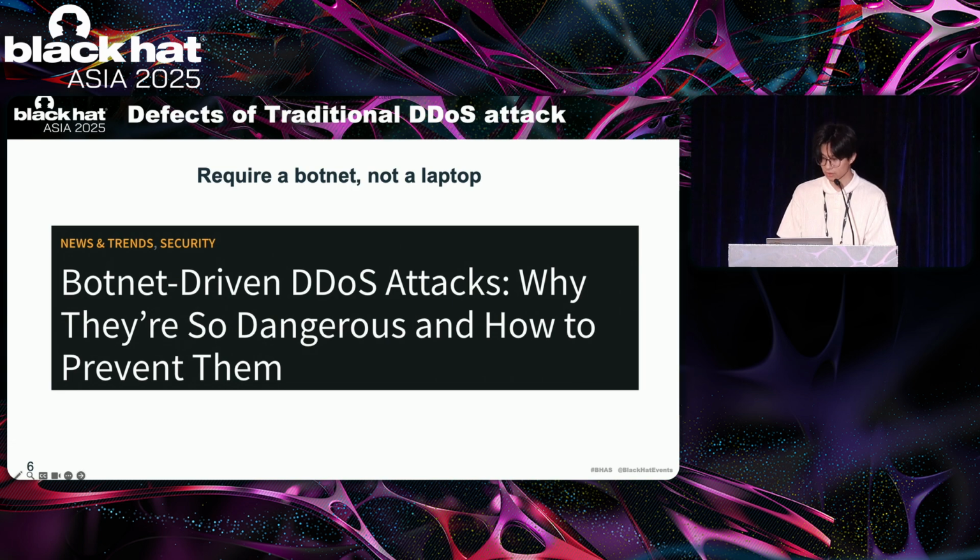While traditional DDoS attacks are widely used, they come with a significant drawback. A fundamental requirement for such an attack is a botnet. So what is a botnet? A botnet is a network of compromised devices controlled by attackers. However, building and maintaining a botnet is resource intensive. This high cost often makes traditional DDoS attacks impractical for many attackers.